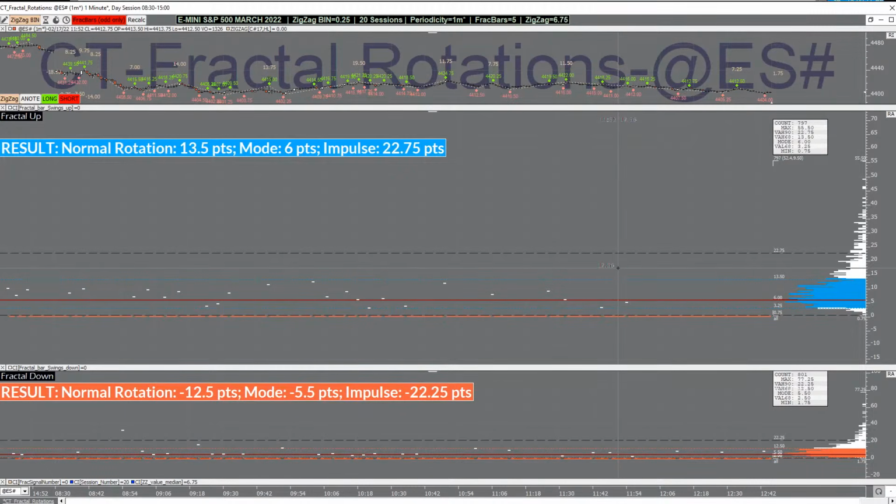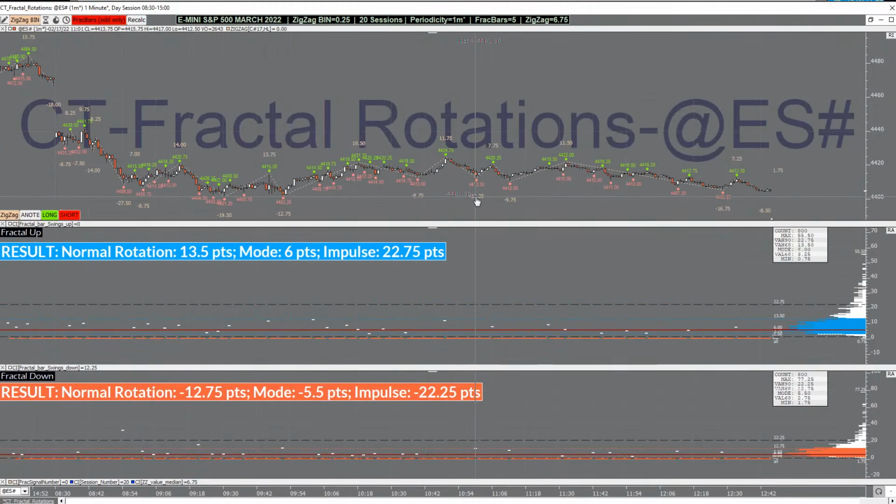So since Sunday, when I disseminated the chart that you saw to Convergent members, till now, it has increased to 13.5 points. We look at, okay, up 11.75, and then it went down 12.25. So now down here, it's a down rotation. 12.25 is plotted.